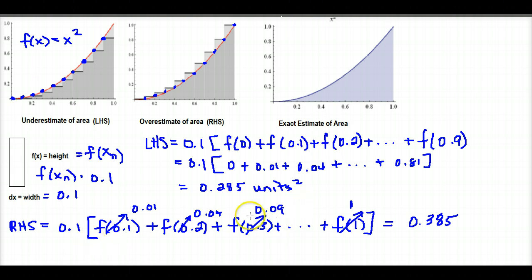If we did all that and multiplied by 0.1, we would get 0.385 square units. Now, it turns out that the exact area is actually 1/3 square units, and we'll see how we get that in the coming examples.